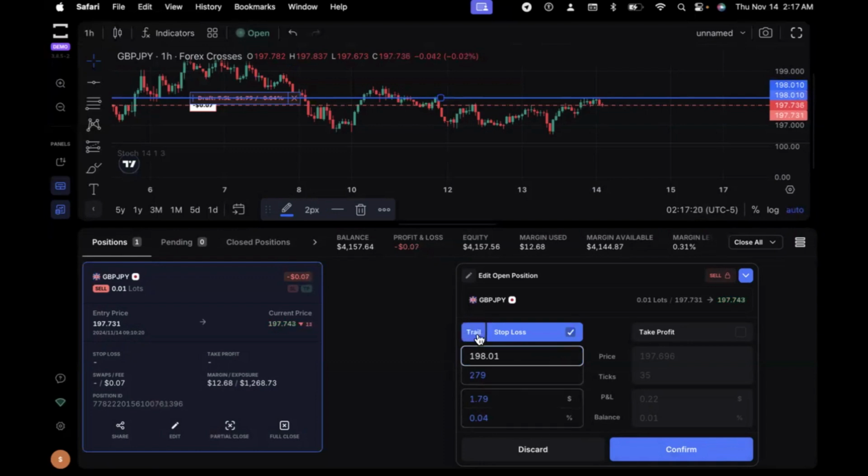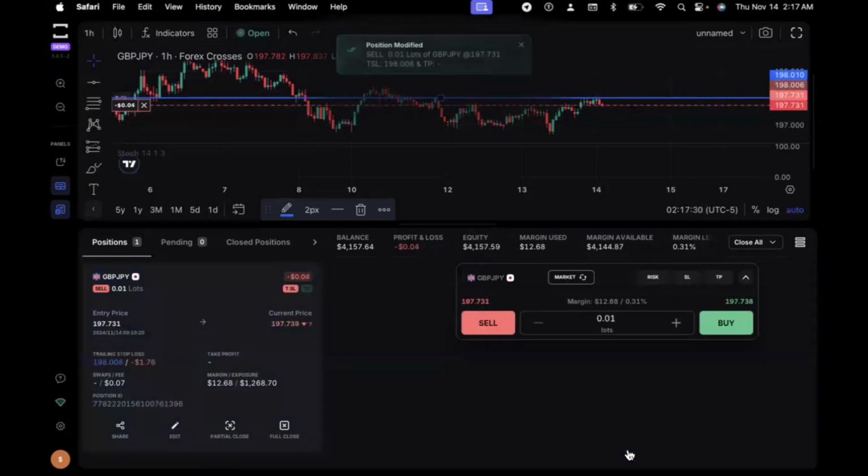Now, once I turn on the trailing stop loss, what's going to happen is as the market continues to move in your favor, your stop loss is going to move along with it. So we're going to confirm our trailing stop loss, and then we're going to see what happens as the market continues to sell.